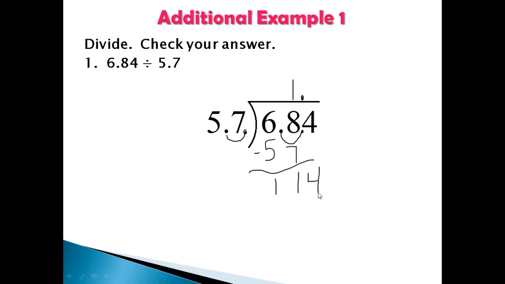And 57 goes into 114 2 times. And 2 times 57 is 114. Then we can subtract, and we're going to get 0. So our answer would be 1 2/10.